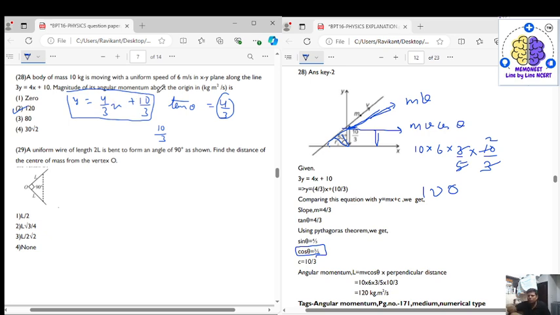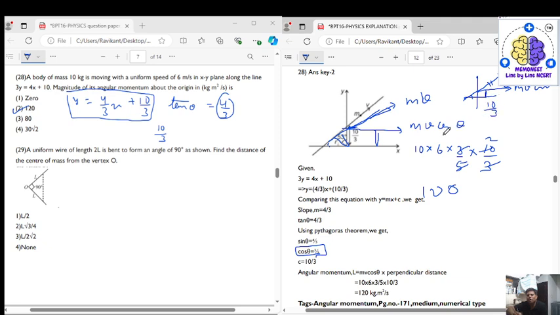I hope this is clear. Again, you can see this was the direction of linear momentum because this was the direction of the velocity, and this angle we can calculate from tan theta equals 4 by 3. This linear momentum can be resolved into its horizontal component, which equals mv cos theta, and the distance R equals the y-intercept, that is 10 by 3.